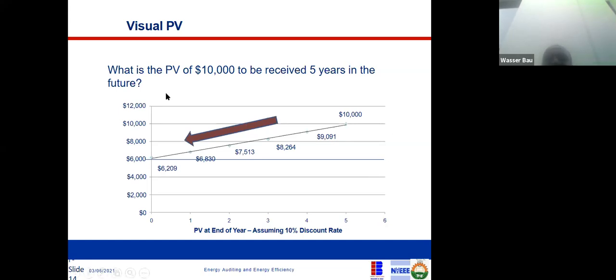If you are going to give me 10,000 naira in the future, what is the value of that money at present? Of course, the value of that money at present must be lower than 10,000. So every year, the money will lose value based on the banking rates.